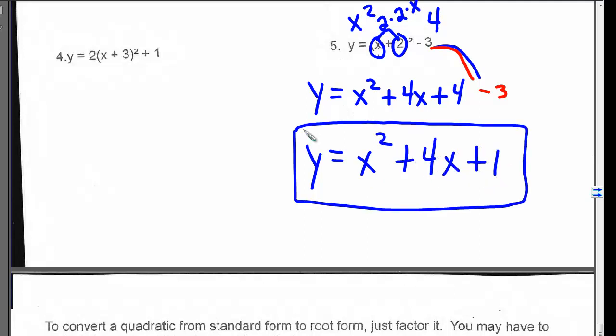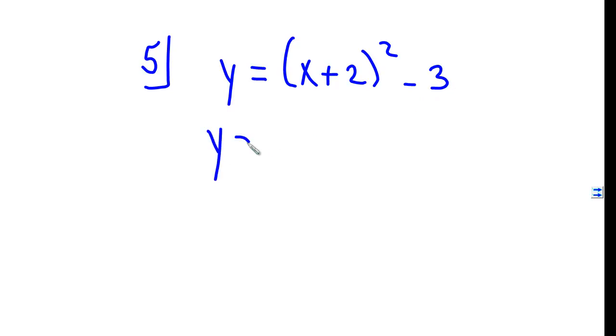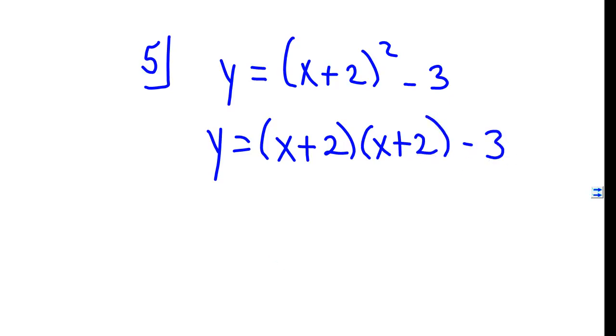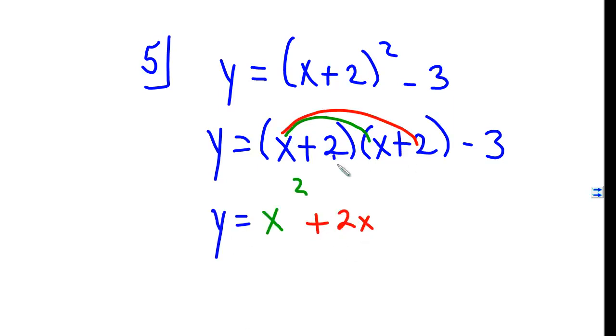If you don't recognize the pattern, that's okay. Let's look at it the other way. We have number 5 again, y equals (x plus 2) squared minus 3. This is (x plus 2) times (x plus 2) minus 3. Using distribution or FOIL, x times x is x squared. x times 2 is 2x. 2 times x is 2x.